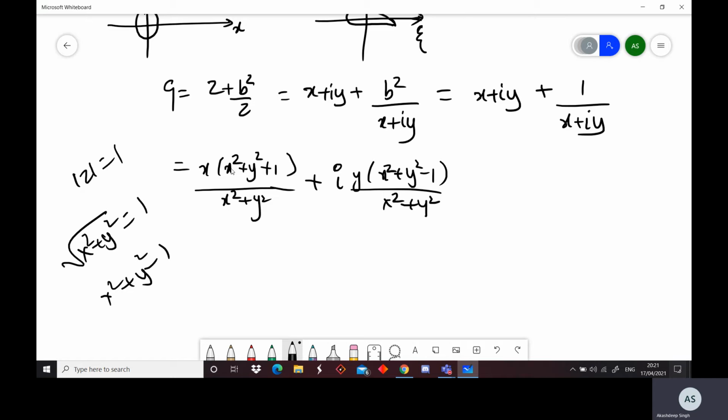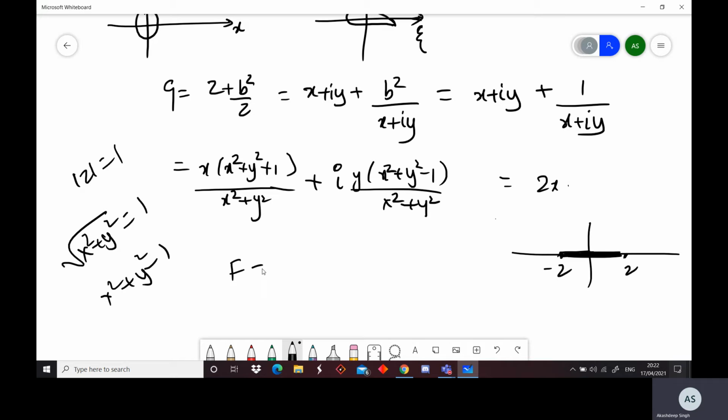If you put this condition, the real part becomes 2x and the imaginary part becomes 0. So it just becomes 2x. Now this translates a unit circle from the z plane to a straight line, from -2 to +2, in the zeta plane. This is the essence of Joukowski's transformation.